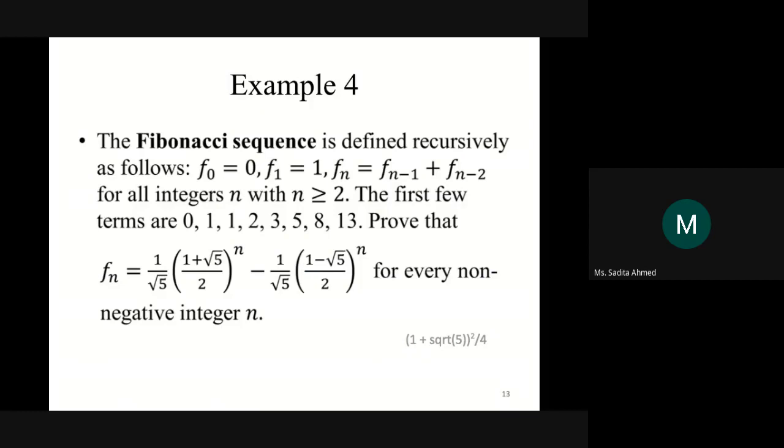Okay. Then in the inductive step, this time, we will first assume that the statement is true for a range of values and then prove that if that is the case, then the statement must be true for the next value.